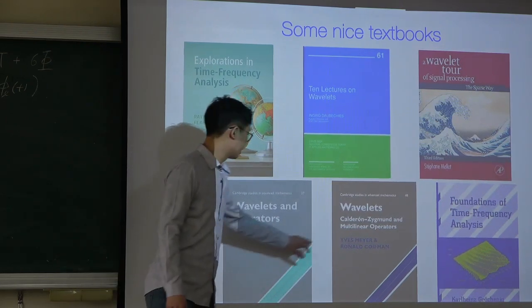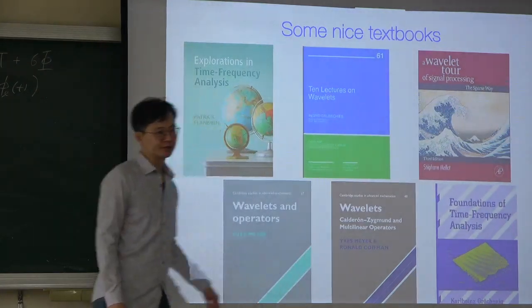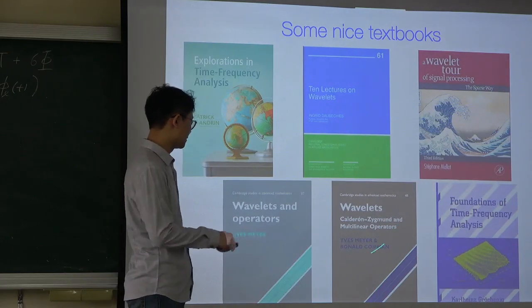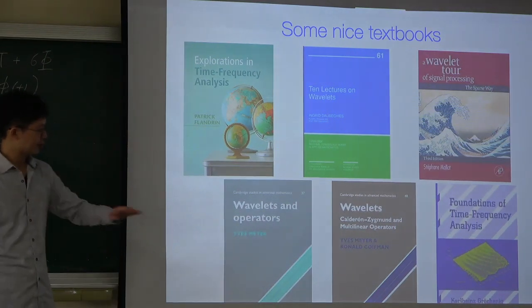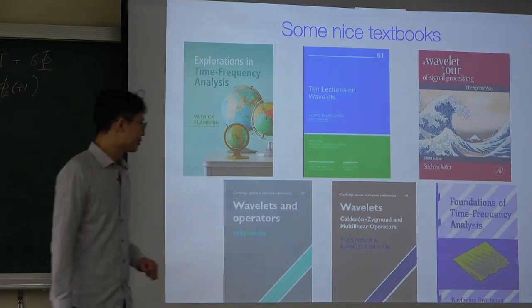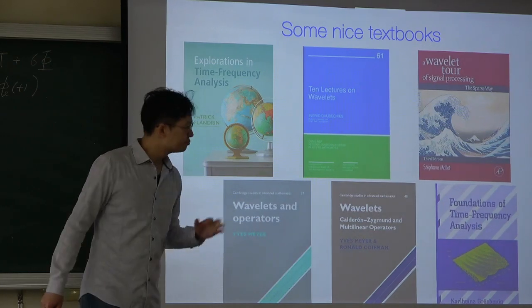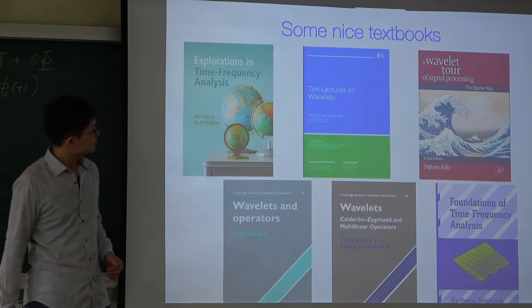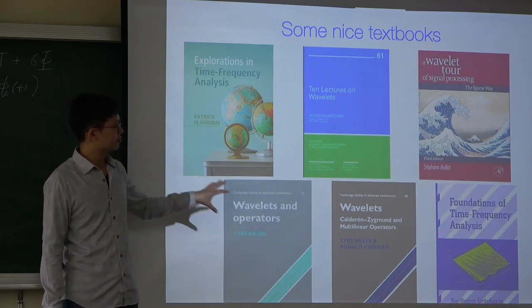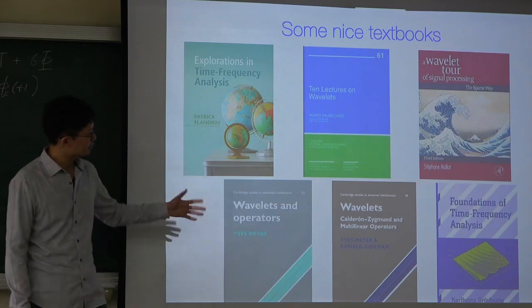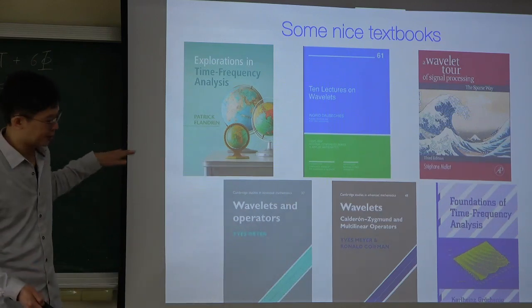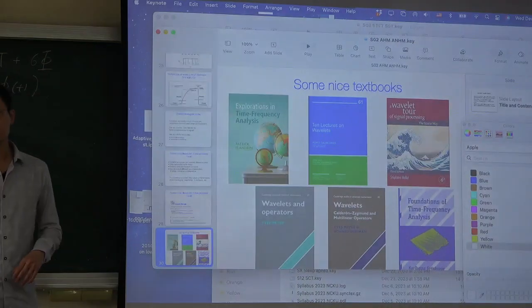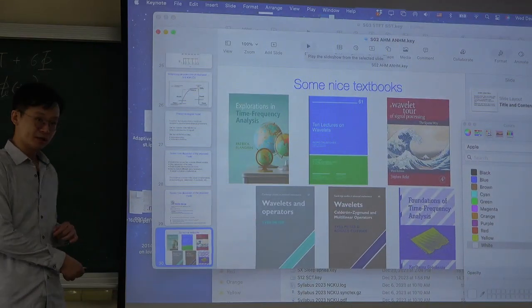And these two are more mathematical. In case you are interested in hardcore harmonic analysis, these two will be your must read. And this one is more from the representation theory perspective of time-frequency analysis. There are some more, but I show you those because they are the literature I grew up with. Okay, so that is the third session.